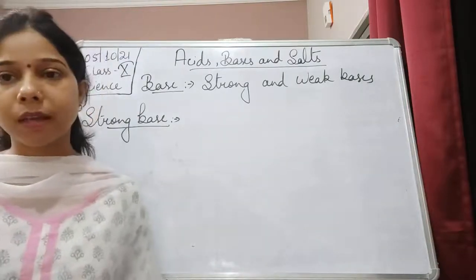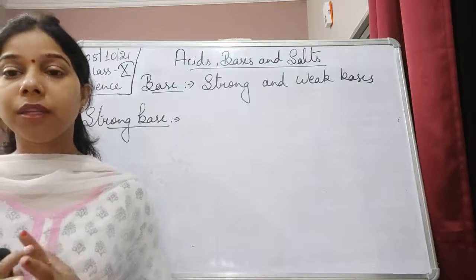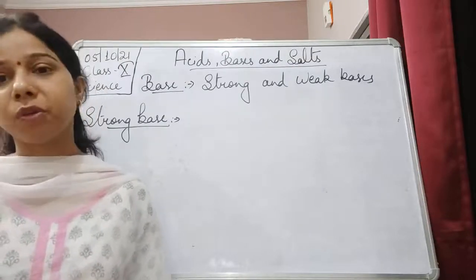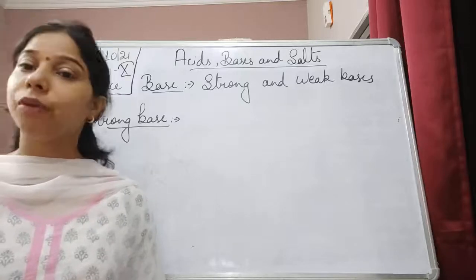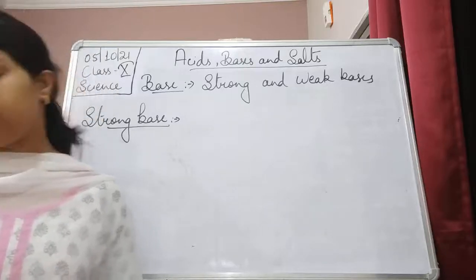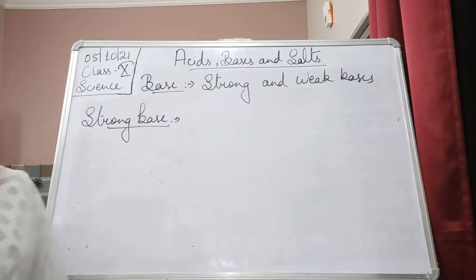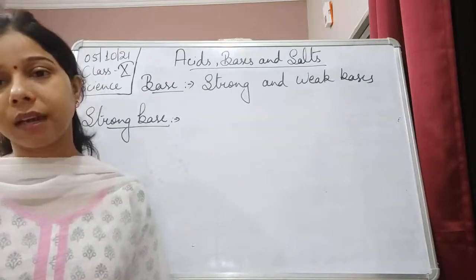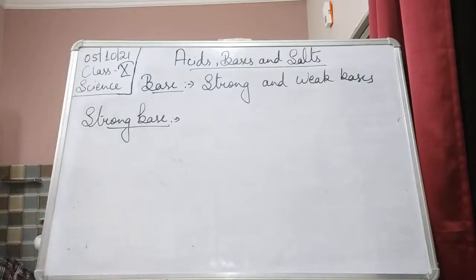The strong base is one which gets completely dissolved in water and dissociated to produce hydroxide ions. And a weak base dissociates partially to give hydroxide ions.